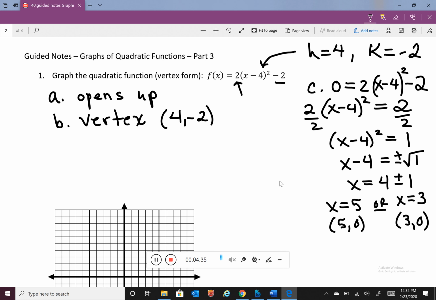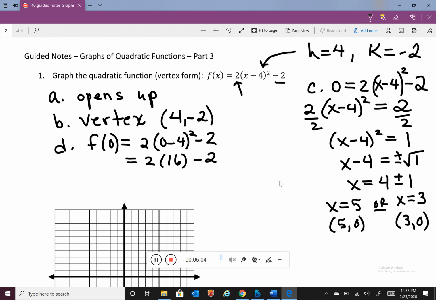Next, we need to find the y-intercept by letting x be 0. So f of 0 is equal to 2 times 0 minus 4 quantity squared minus 2, which gives us 2 times, well, 0 minus 4 is negative 4, and negative 4 squared is 16.